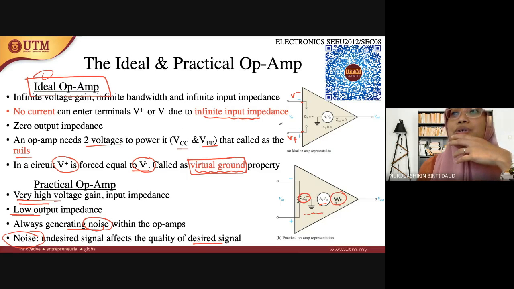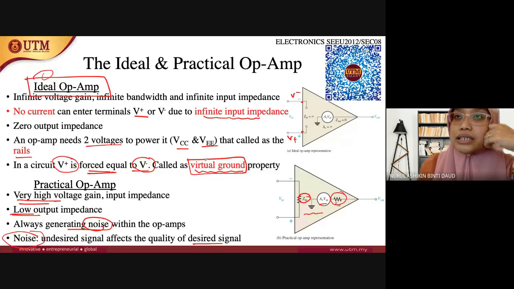Since the input impedance and the gain reach infinity, the voltage at the non-inverting terminal V positive and the voltage at the inverting terminal are the same, forced to be the same, and we call this virtual ground.